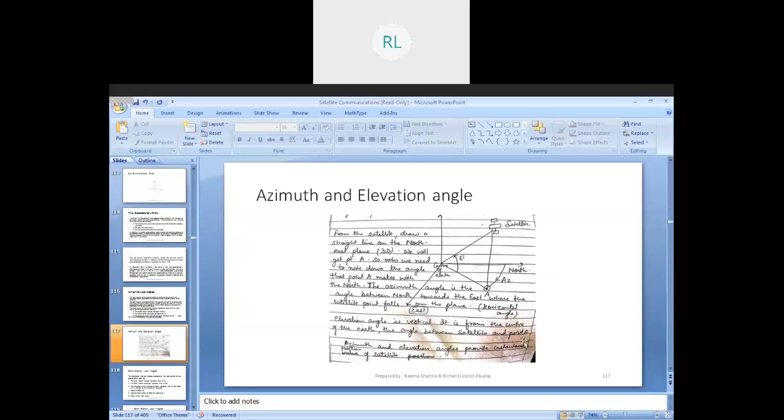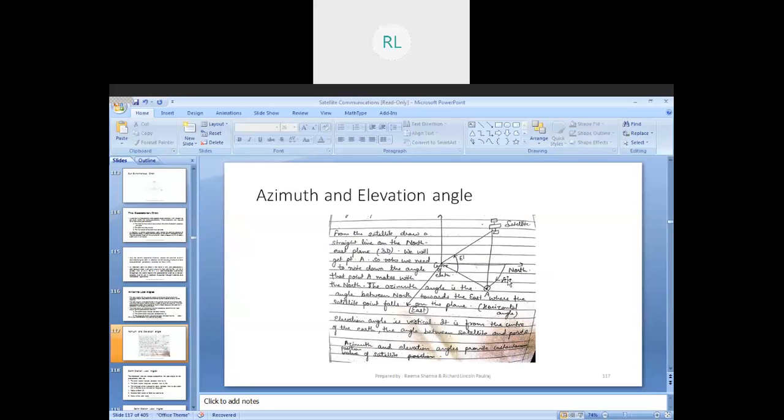It is from the center of the earth, the angle between the satellite and point A. As I was mentioning, you have a satellite, you have dropped a point A and then to the center of the earth. The angle that gets created between the satellite and point A is the angle of elevation. So the higher the satellite goes, the higher is your angle of elevation.